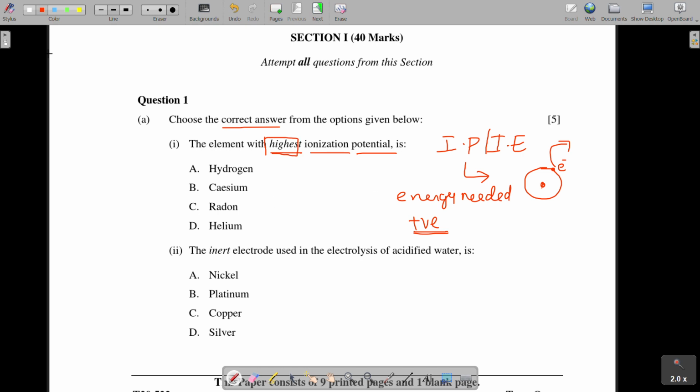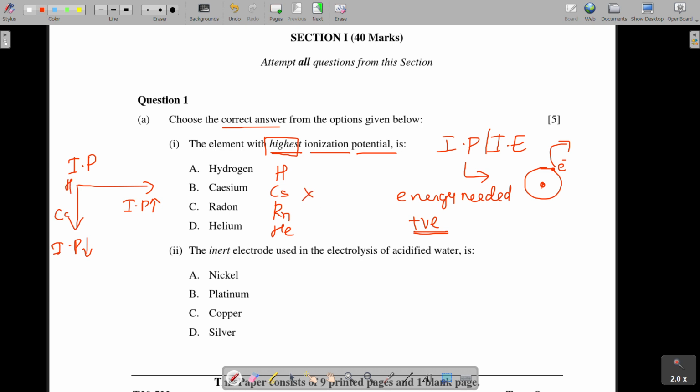You can see here the elements given: hydrogen, cesium, radon and helium. For this you need to understand the trends of ionization potential along the period and down the group. Down the group ionization potential decreases, across the period ionization potential increases. So obviously not cesium, because you're going down.